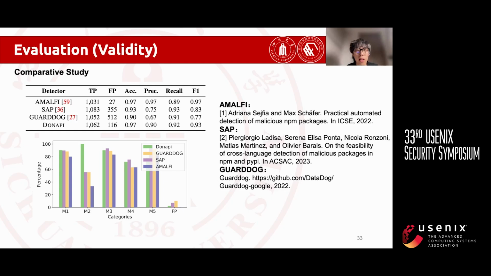The third is the validity experiment, which is divided into two parts. First, we conduct a model comparison experiment on our dataset. Here we use and replicate some relevant works. They are AMFL from the University of Southern California, SAP from SAP Security Research, and GuardDog from Datadog Security Labs.